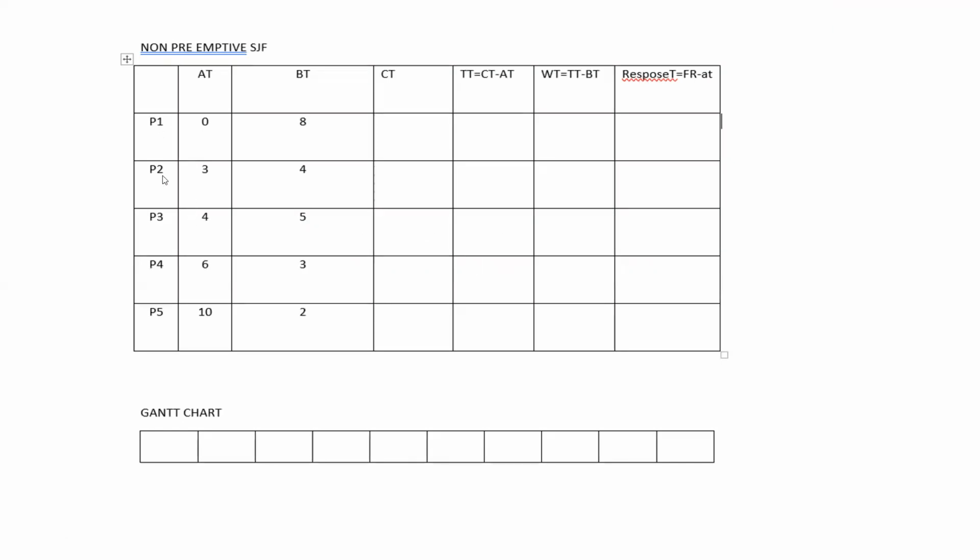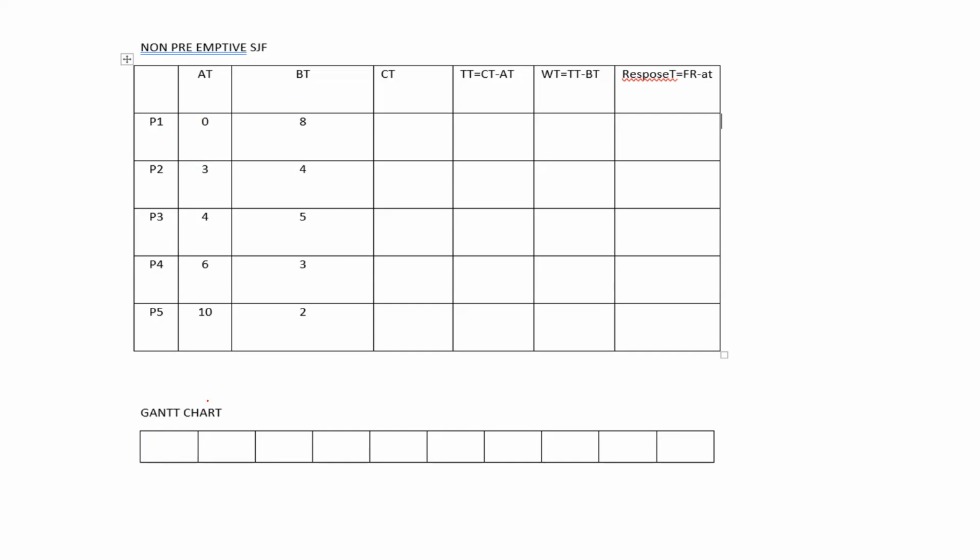Here you can see the processes. These are the timings: arrival time, and BT means burst time. According to burst time, we come to know which one has the shortest job.